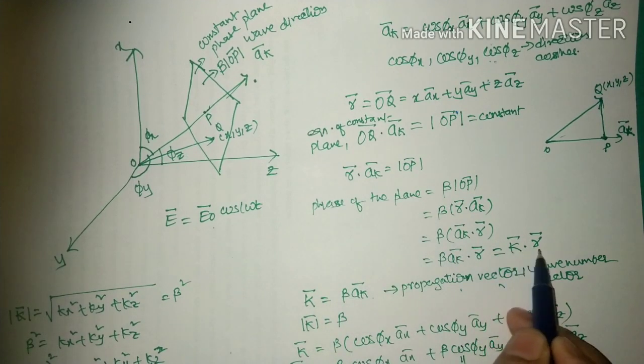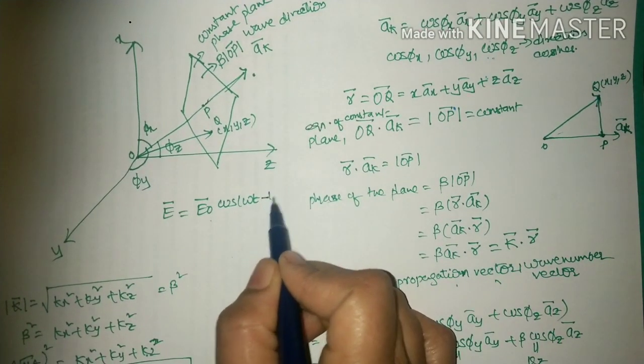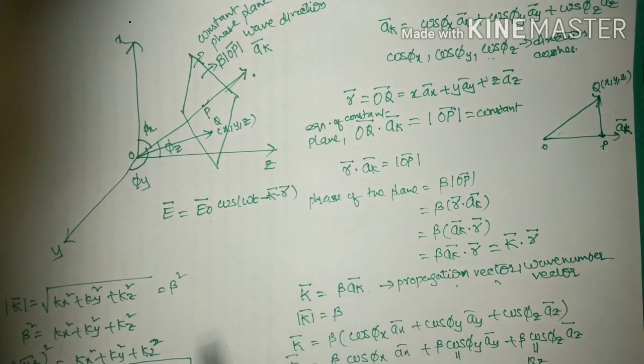So this is the phase variation with distance, and you can write it as minus k bar dot r bar. So E bar is equal to E naught bar cos of omega t minus k bar dot r bar is the electric field corresponding to the wave which is propagating in some arbitrary direction, that is ak bar.